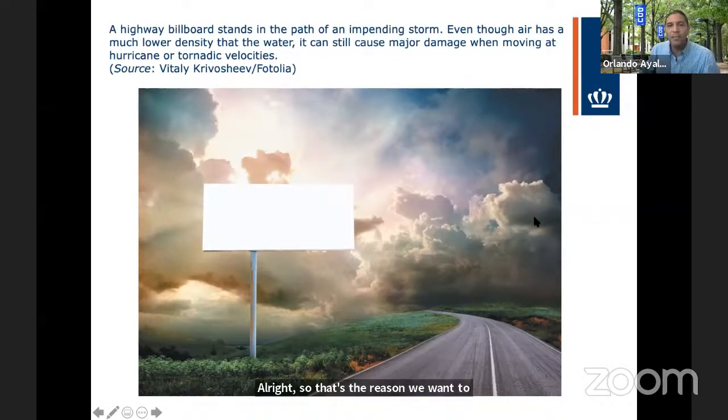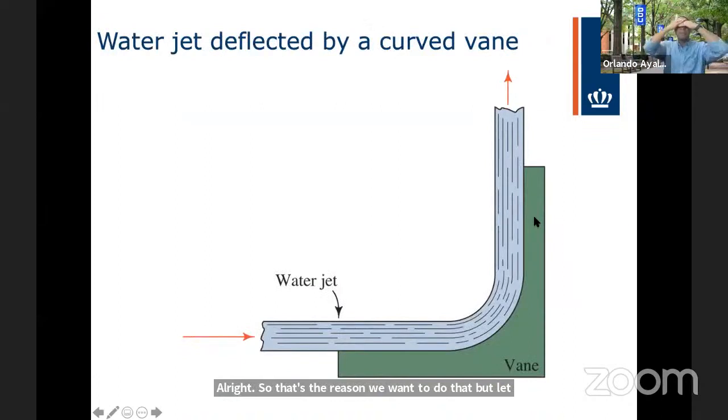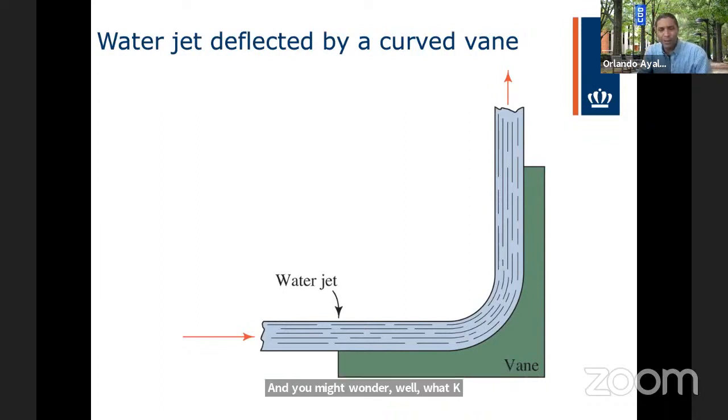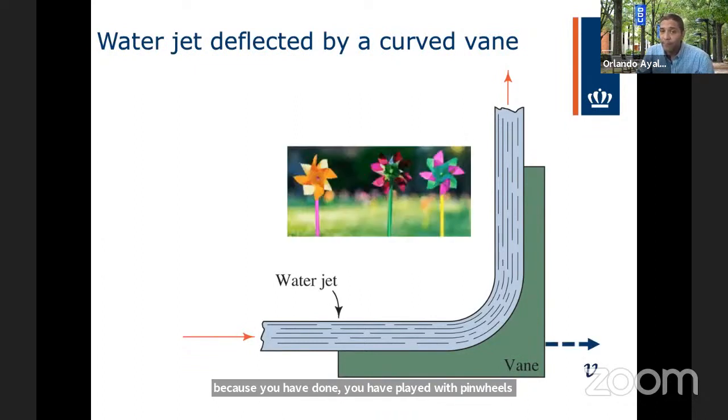All right, that's the reason we want to do this. But let me start by giving you an example. Let's say I have a water jet being deflected by a curved vane, like you see in your picture. You might wonder how that applies to real life. It does, because you have played with pinwheels. In that case the jet of fluid is not water, it's air.